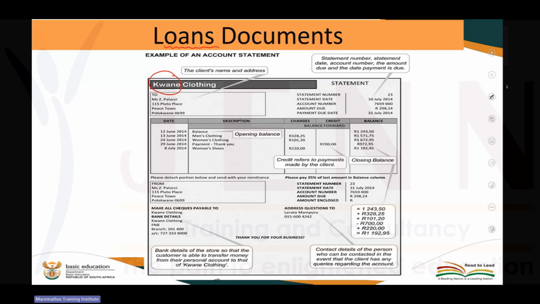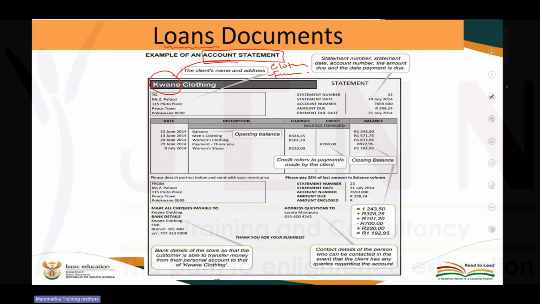And this is what? We call it an account statement. The previous one was all about a house loan repayment statement. But this one is an account statement. It can be a clothing one or furniture. They will state it.